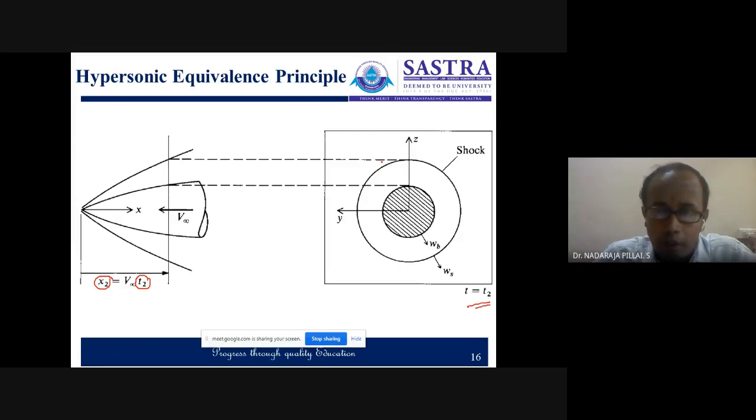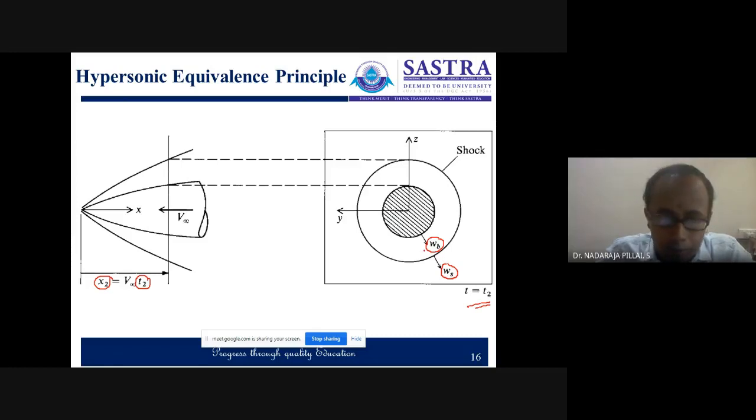So in YZ plane, the changing body shape looks like an expanding cylindrical piston, right? Moving at a velocity v infinity, right? Say probably the body, we can say the velocity wb, and the shock we can say it is ws, right?